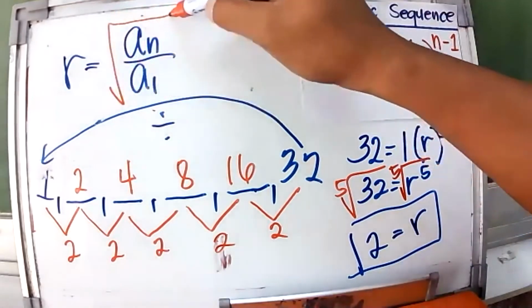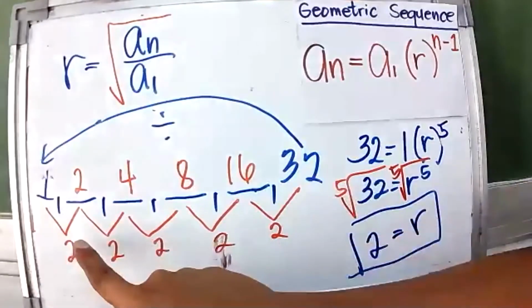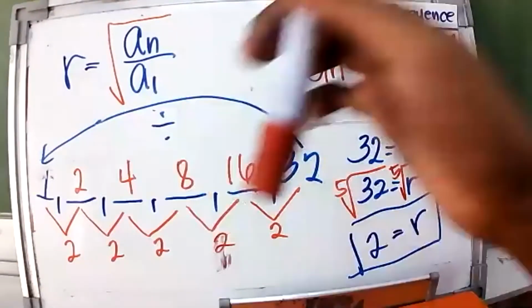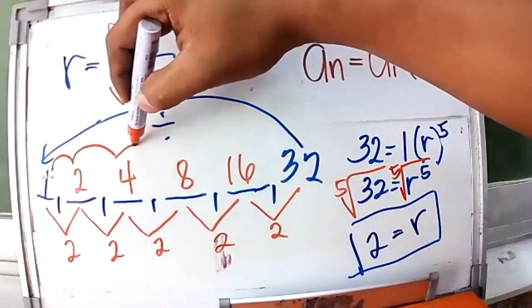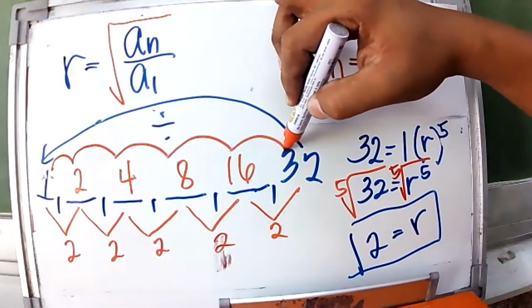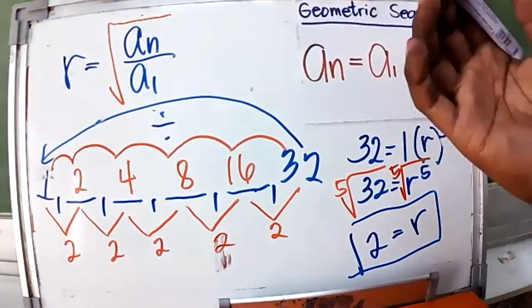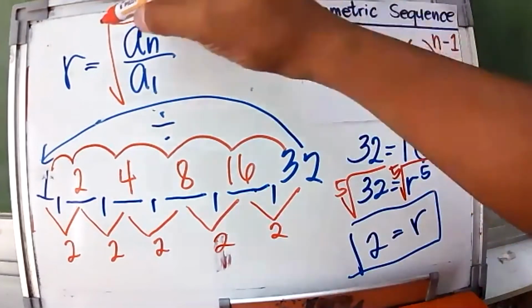the root, but what's in the index, just count the number of movements. The number of movements is 1, 2, 3, 4, 5. That's 5. Or it's like 6 minus 1. If it's 6 terms, minus 1, that's 5. The movements is 5.